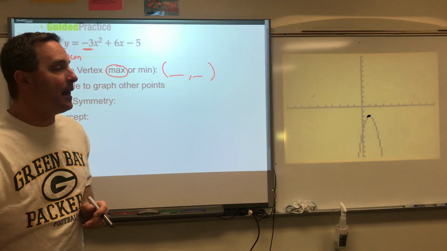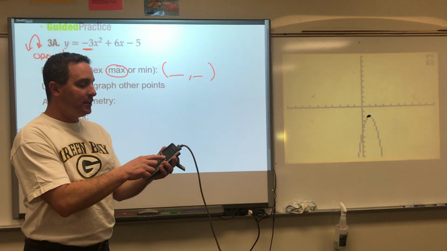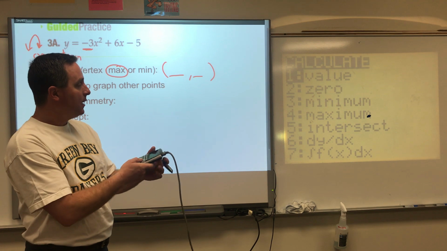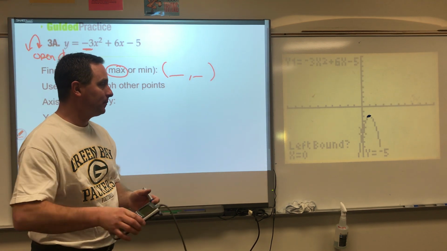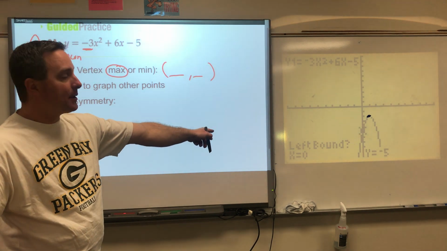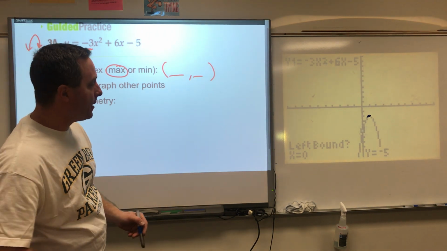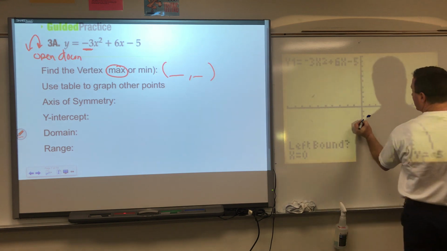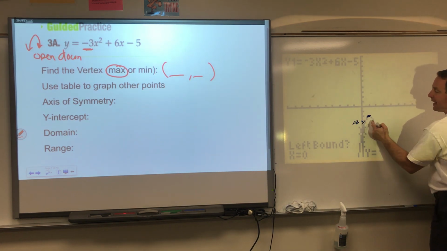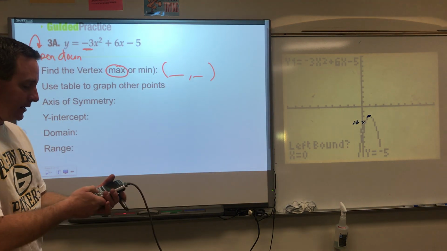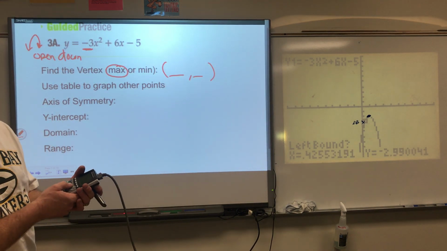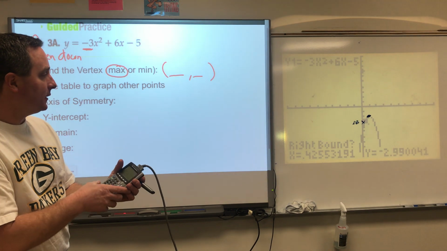To find that maximum, I'm going to go second trace on my calculator, down to number 4, and hit enter on maximum. It's going to ask me for the left bound and right bound. The left bound means I want my cursor on the left-hand side of the vertex. Just a couple clicks. Then I press enter.